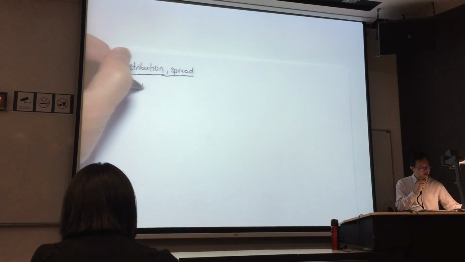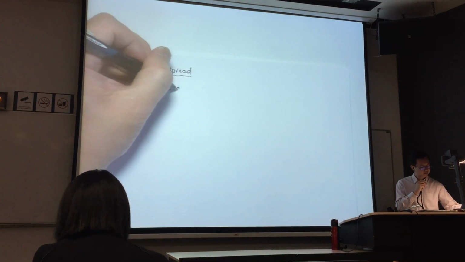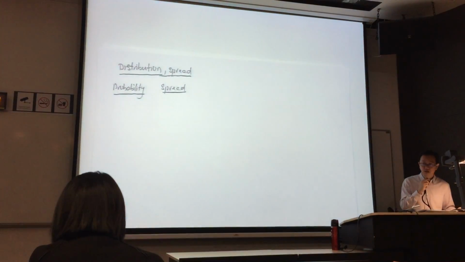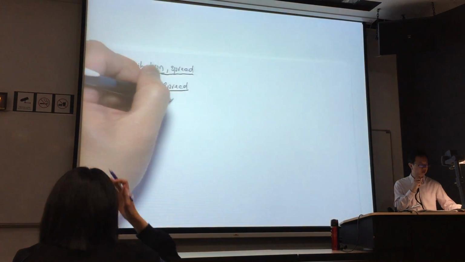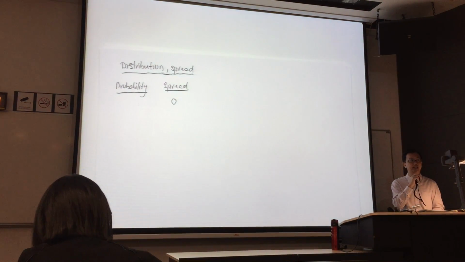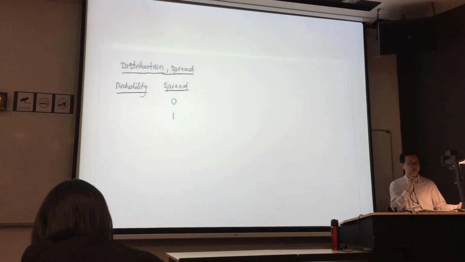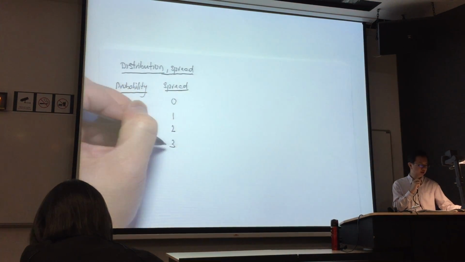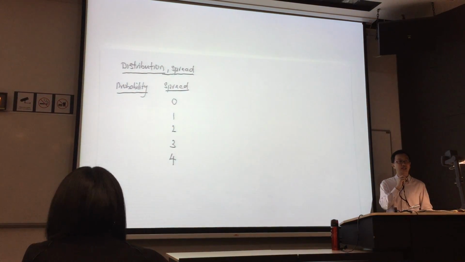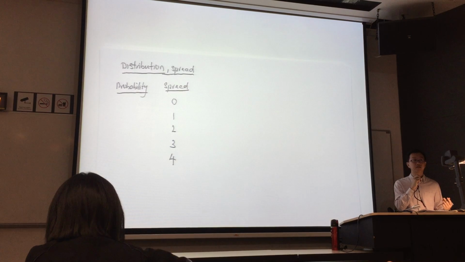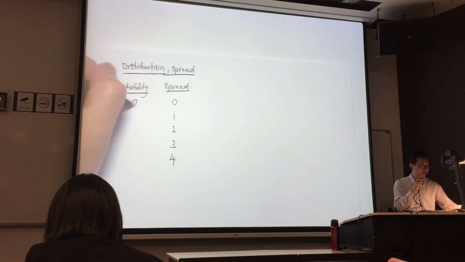The distribution here is talking about probability and the type of spread. So looking at the past, right, the spread could be 0. That means the two are exactly the same level. Right? The spread could be 1%. The spread could be 2. It could be 3. Right? Or it could be 4. So let's say they have equal probability. That means the probability is 20% each, right?